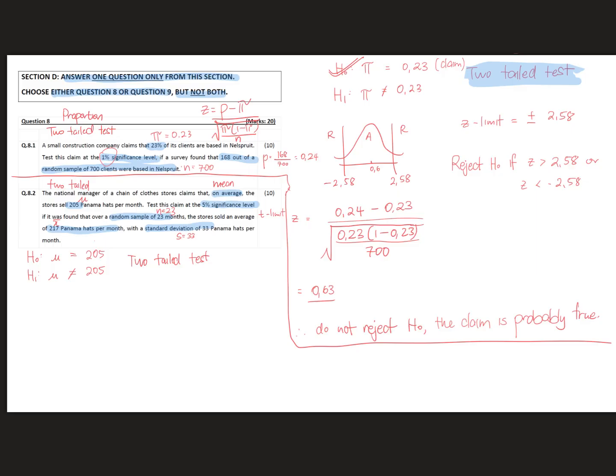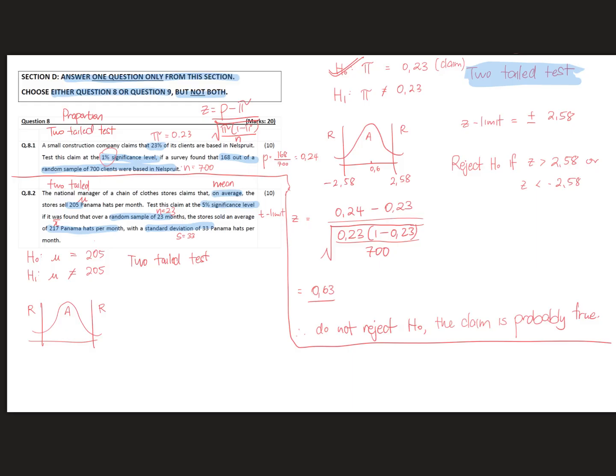So step 2, remember, is your region of acceptance and rejection. It's a two-tailed test, so everything including the critical limit and within it is your region of acceptance. Everything greater than on the right and less than on the left is your region of rejection. Now, how do we determine what the critical limits itself are? Because we're working with a T limit, we need two things.